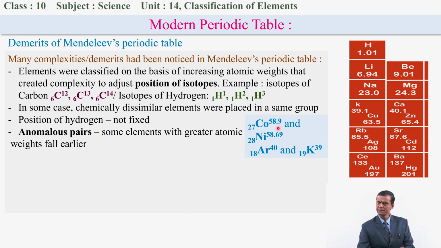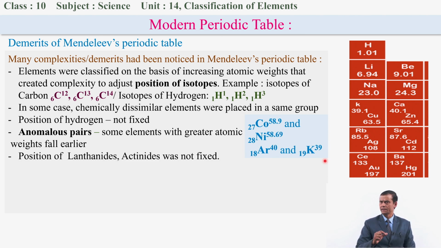Cobalt has higher atomic weight, but it is placed earlier, and nickel has lower atomic weight, which is placed later. Same type of complexity is seen in argon and potassium. Argon has atomic weight 40, potassium has atomic weight 39. So this type of pair are anomalous pairs, which is also a demerit in Mendeleev's periodic table.